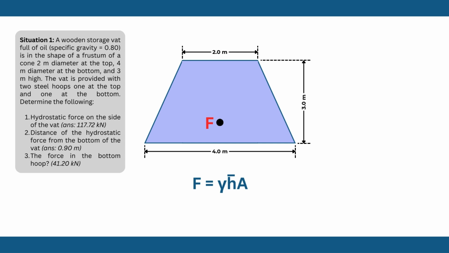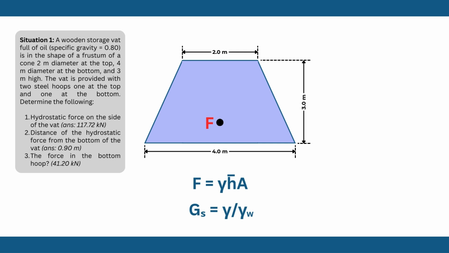For the first one, hindi given ang unit weight ng oil, but given tayo ng specific gravity. And as you all know, the specific gravity of a given substance is equal to its unit weight over the unit weight of water.